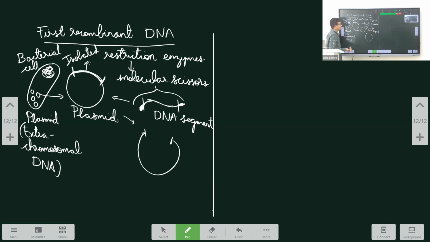With which DNA segment they want to replace this isolated one, they will make sure that the restriction enzymes are present and it will be made to sit here. After this, this is introduced back into the bacterial cell. And since it is the modified gene, here if you observe, this genetic material will be modified.